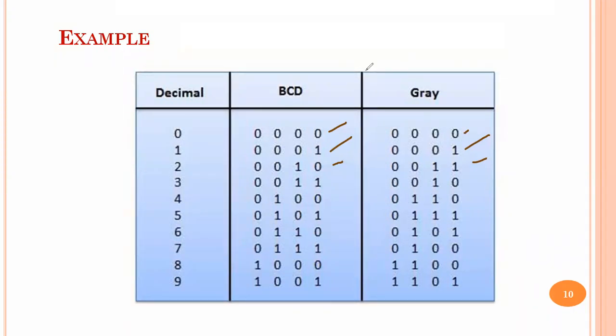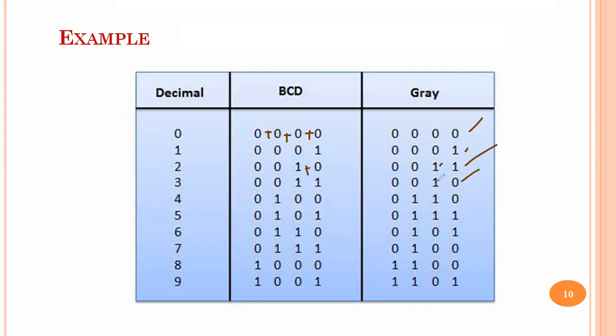So how will it happen? See, we will implement the XOR from right to left. The first bit will have no change. Now for 1 and 1, 1 plus 0, we have 1. Then again 1 plus 0, we have 1. Then 0 plus 0, we have 0, and the fourth is 0 as it is. Next, 1 plus 1 is 0, and 0 is there.